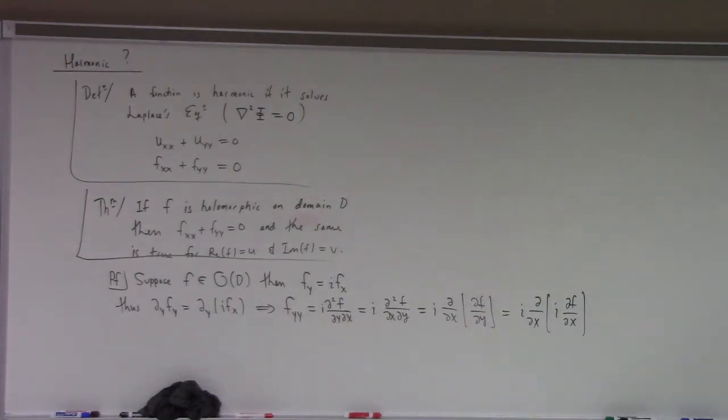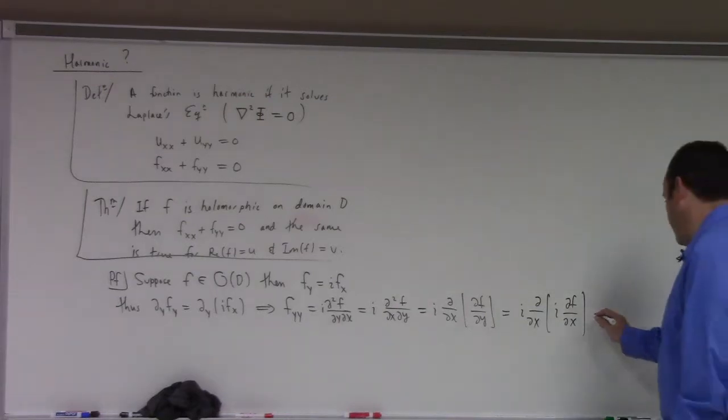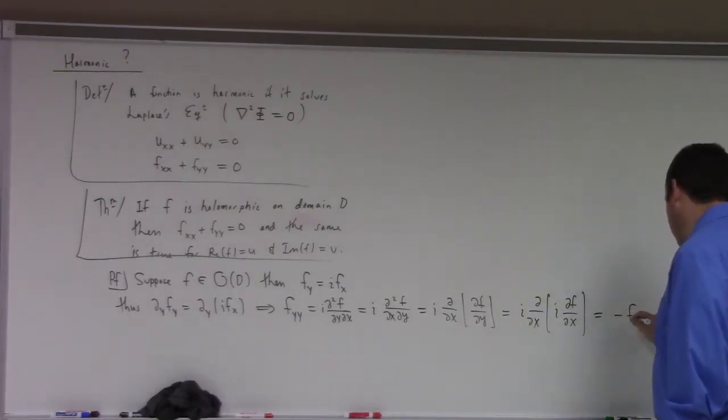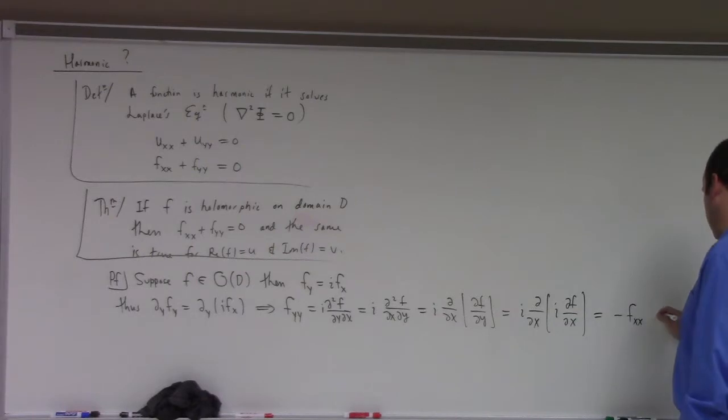And then you can pull the i out. You've got i squared, which is what? Minus 1. And so that's minus f_xx, right? So therefore, f_xx plus f_yy equals 0.